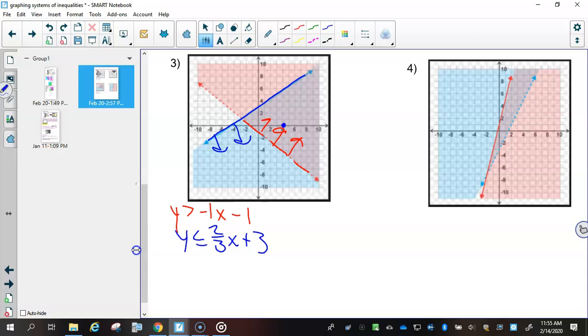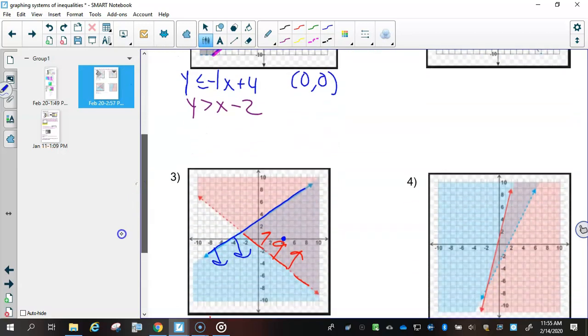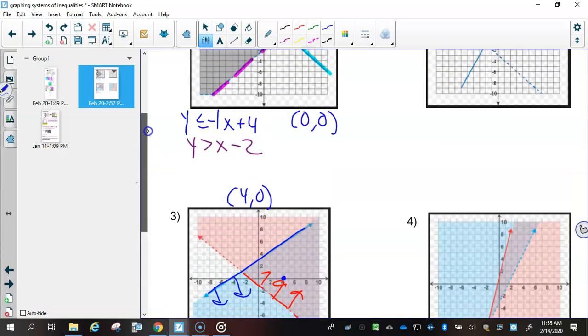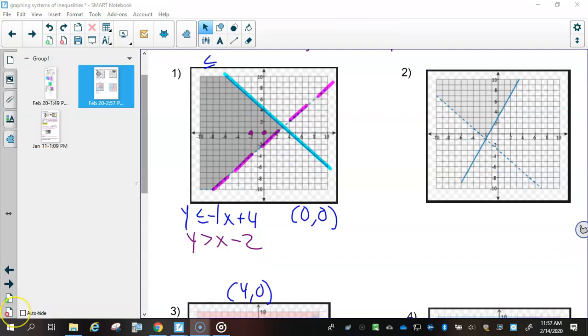Take a second and do 3 and 4. If you're still working on those two, that's fine. I'm going to go ahead and put the answers to these two up.